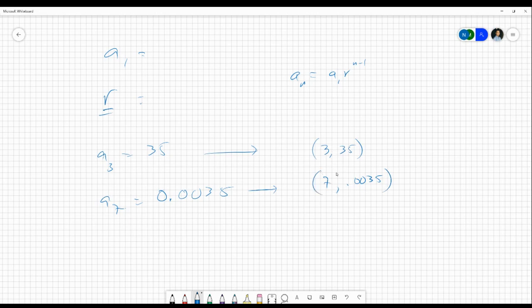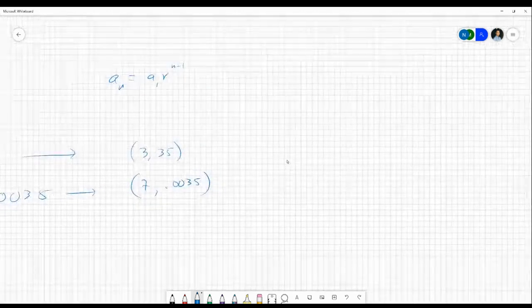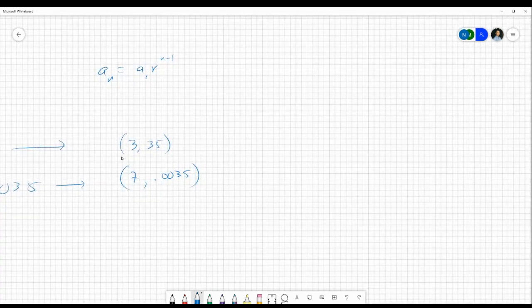With these two values, I can set up a system of equations. The first value is n, and this is an, just like x and y. So I'm going to plug in 35 equals a1 r to the n minus 1, where n is 3, so 3 minus 1.